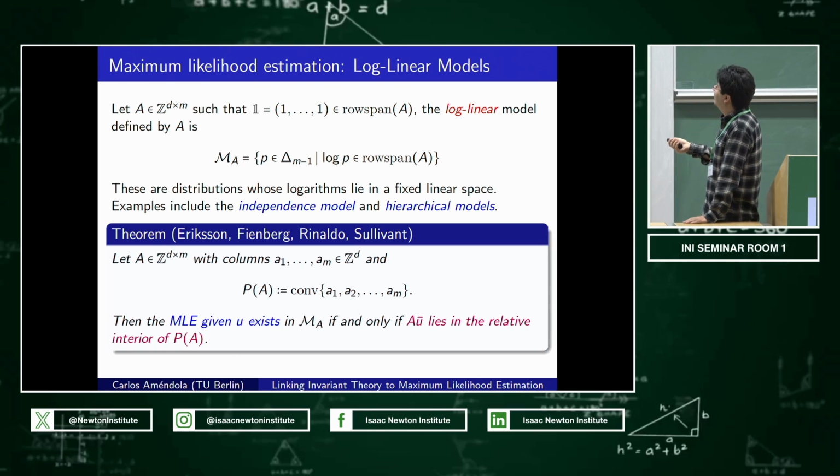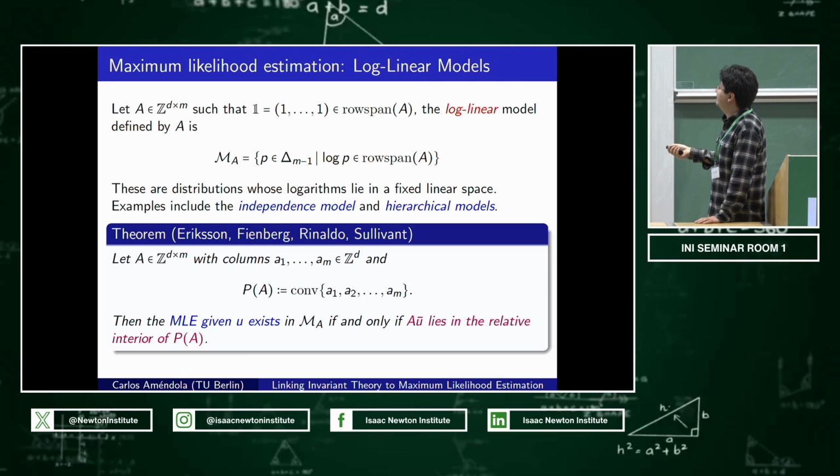In particular, it turns out that what you need to do to know if the MLE will exist is you take your U, right? Remember, U is the vector of counts, and U bar is the normalized empirical distribution. You compute A U bar, and then you see whether this lies in the relative interior of this polytope or not.